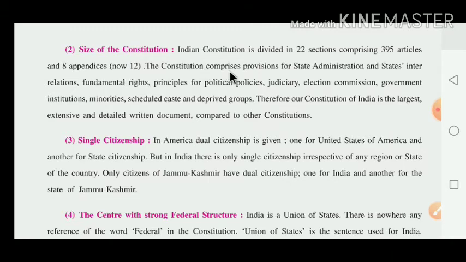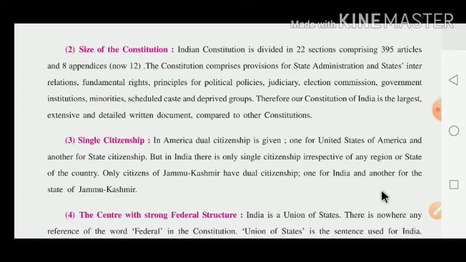The constitution comprises provisions for state administration and state interrelation. In the Indian constitution, comprise means included, regarding state administration as well as state interrelation.